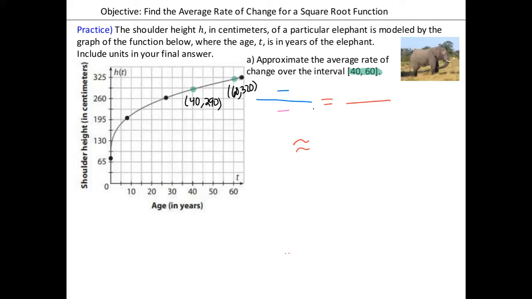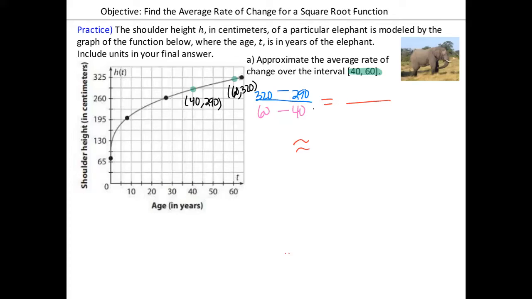Can you set up the fraction for me? How did you subtract them? I put 320 minus 290. And then I did 60 minus 40. Awesome. Thank you. When we subtract, what fraction do you get?